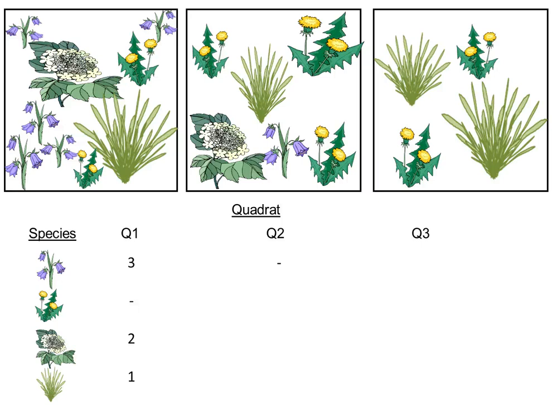In the second quadrat, we would assign ranks of 1 to the yellow dandelion, 2 to the white flower, and 3 to the grass. In the third quadrat, there's only 2 species, so we have to assign multiple ranks. We decided that the grass has the most biomass, so it automatically gets number 1, and there's quite a bit of biomass of the yellow dandelion, so it gets both a 2 and a 3.